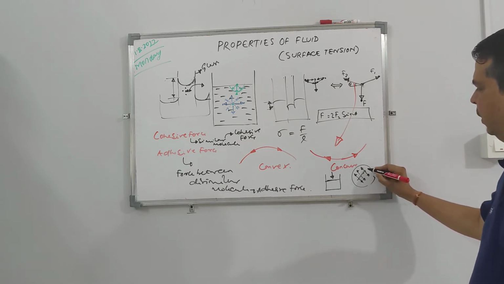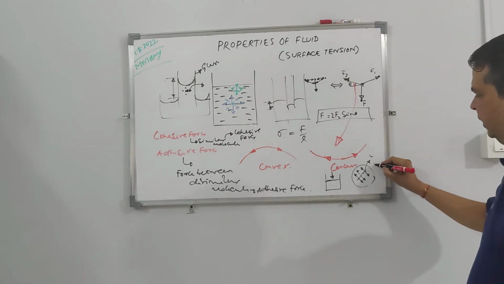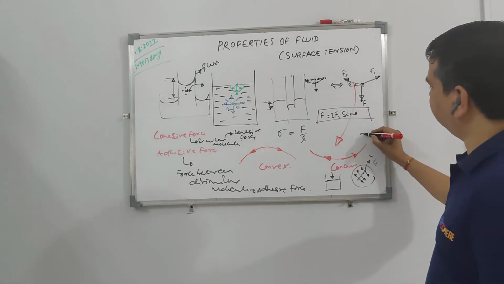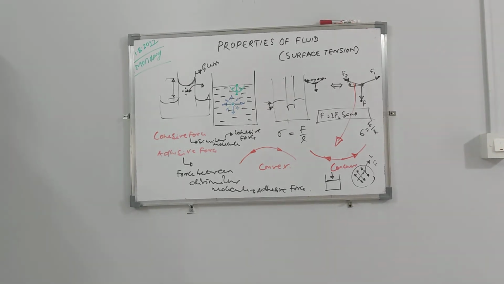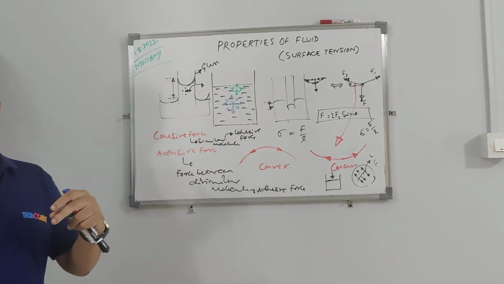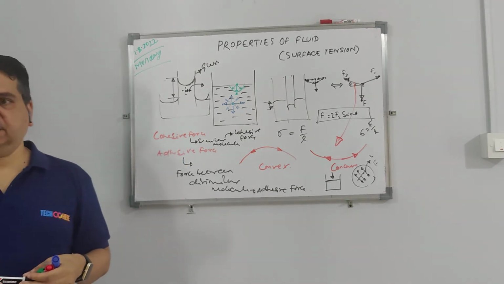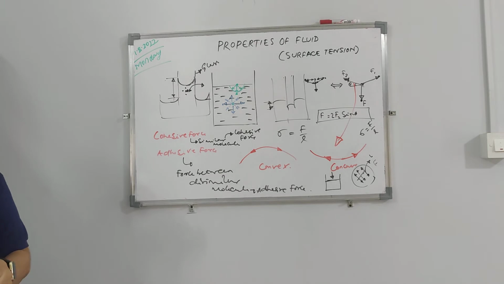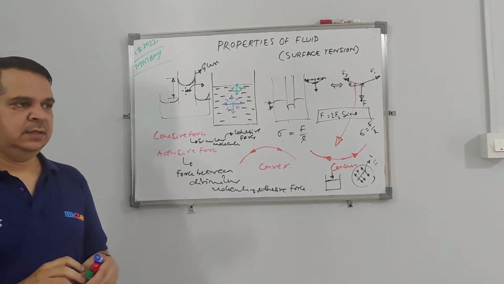Let us say the length is L and the force acting is F. So the surface tension is equal to F by L. On the surface, there are always two forces acting on both sides. So the force acting on it divided by length is called your surface tension.